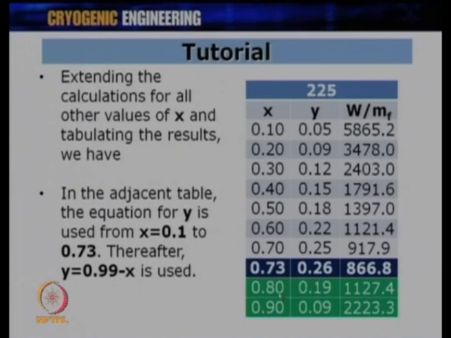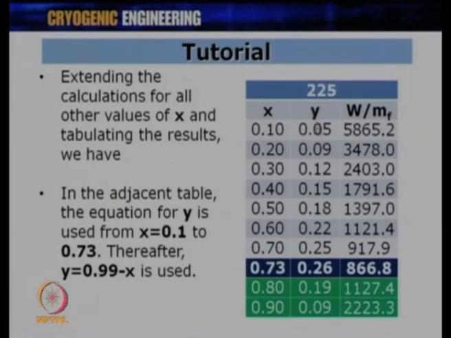So, you can see the sum here happens to be 0.99 all the time. This is the limiting value of y, that means actual y could be less than this, but definitely not more than this. Having calculated y in this fashion, we have calculated W by mf also, and that also uses these y values, and the results are over here.